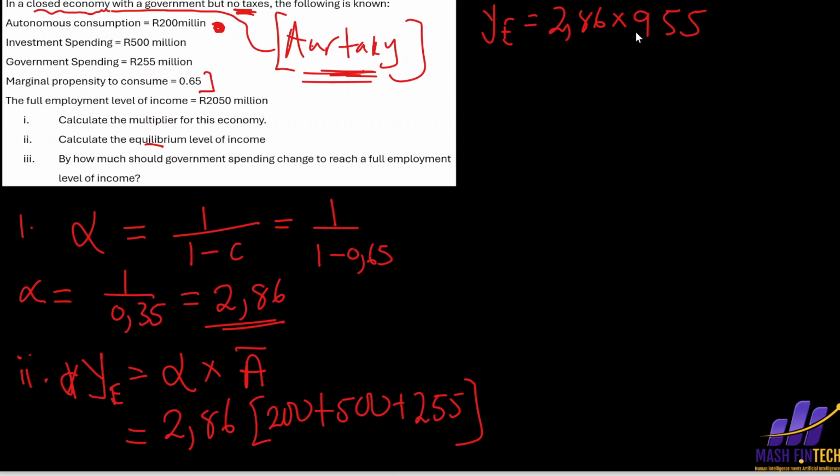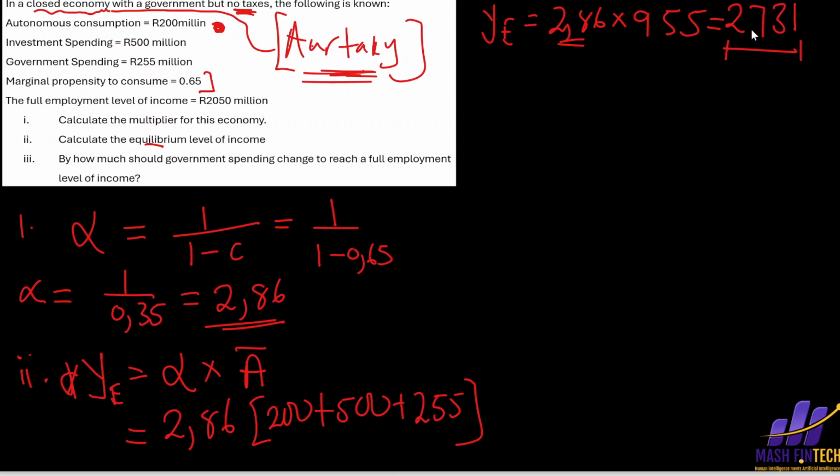Then you multiply this by 2.86. We are going to use the rounded off values. And then you get 2,731. Let's keep it as a whole number like this. These numbers are rounded off. If you didn't round off the multiplier, you might get a different number.